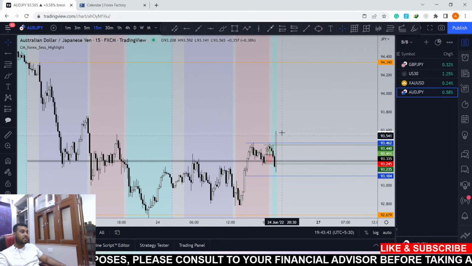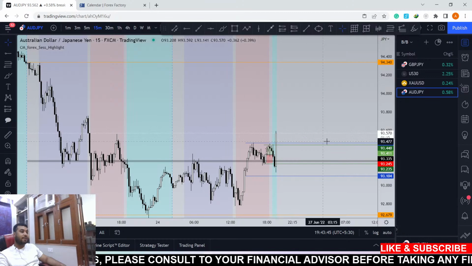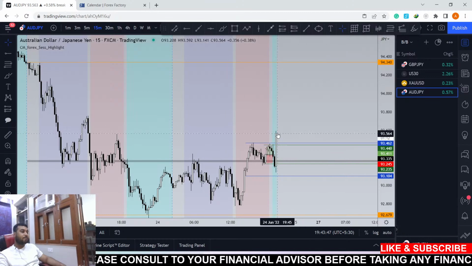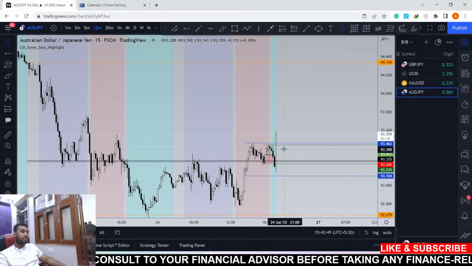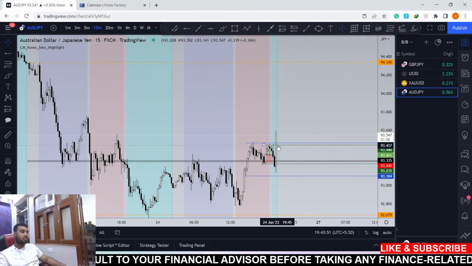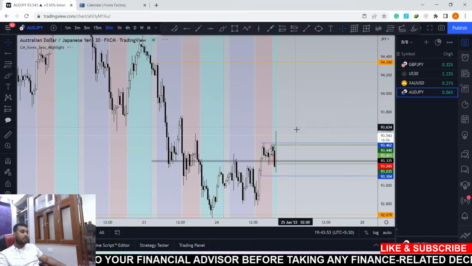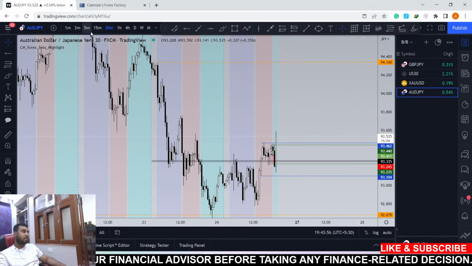So now AJ is giving us some nice moves, so I would definitely be looking for an entry at this area because it has broken a 1 hour and a 4 hour candle. So our entry will be somewhere at this area only.